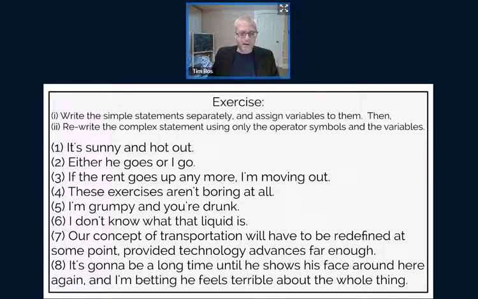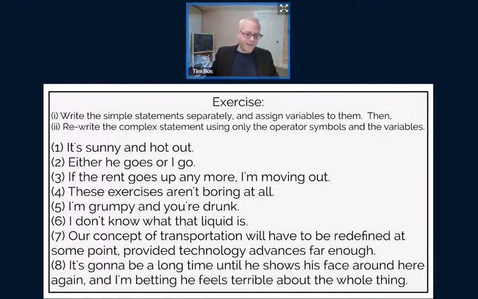Yep, that's right. It sounds kind of weird. The sentence says, I don't know what that liquid is, so it might feel weird to say the simple statement is the opposite of what it says. But then you're putting the negation back in afterwards.